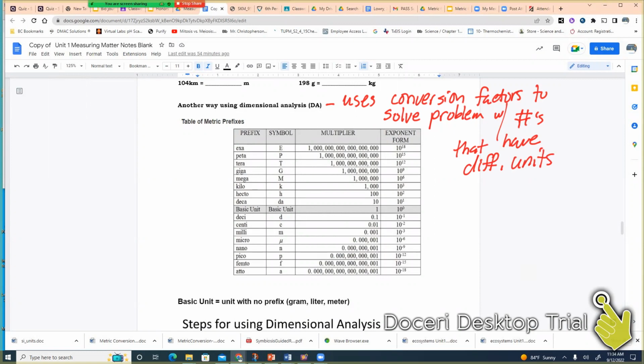So it's a system where you line up a lot of conversion factors to get you from a number that has one unit to a number that has a different unit.